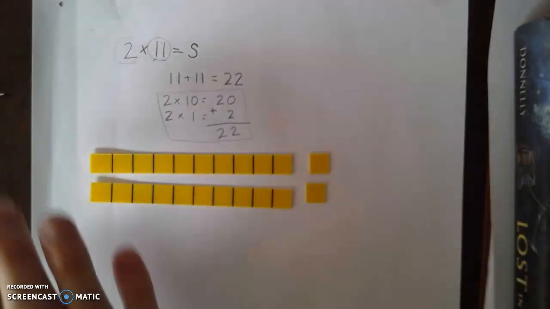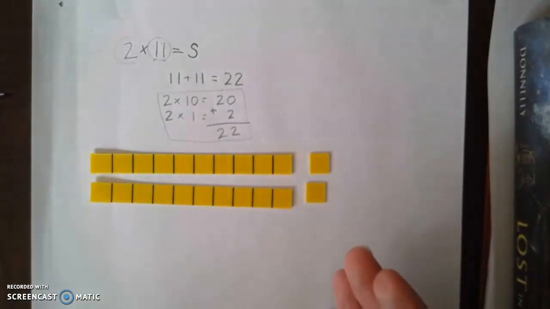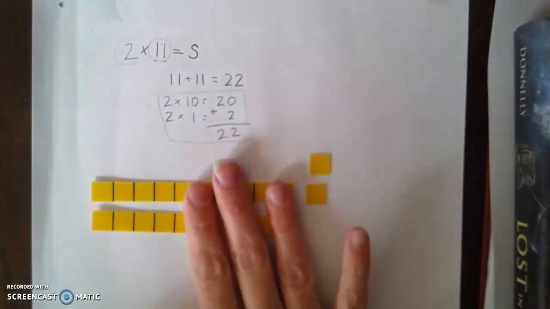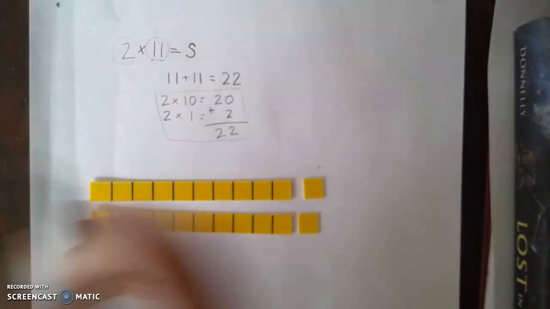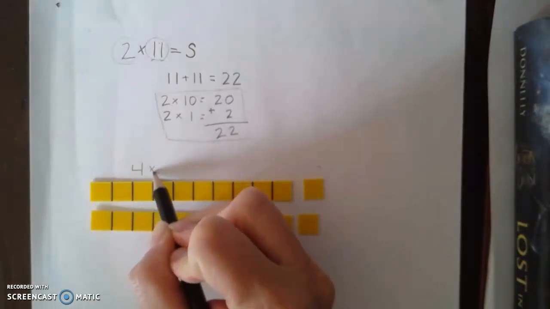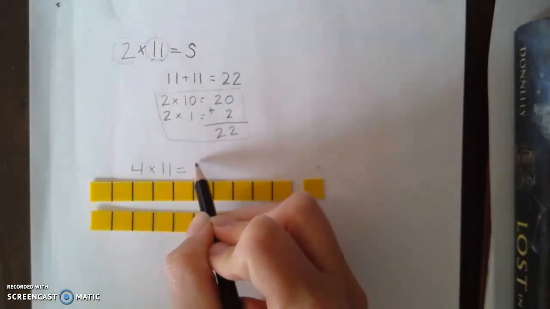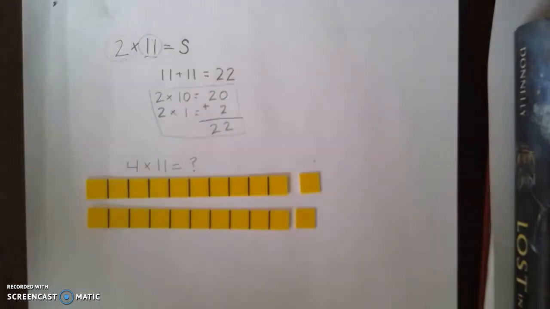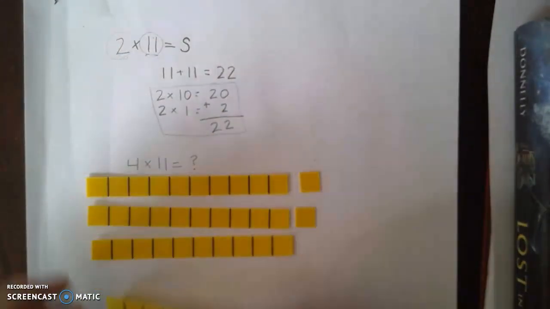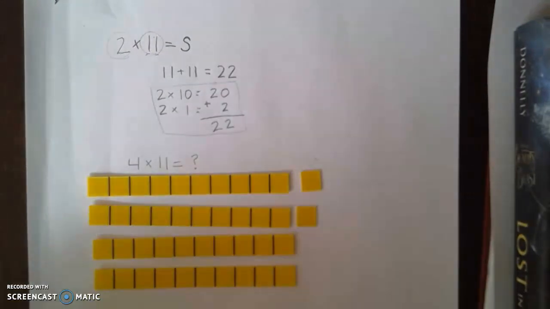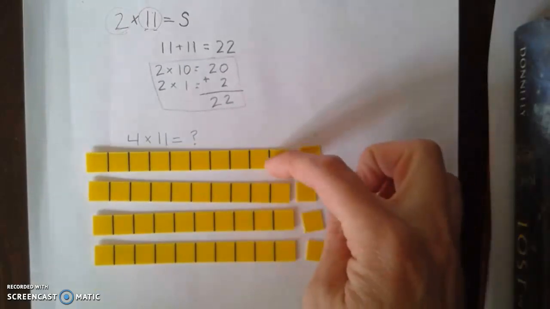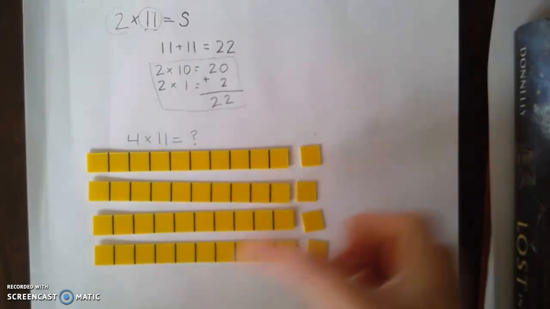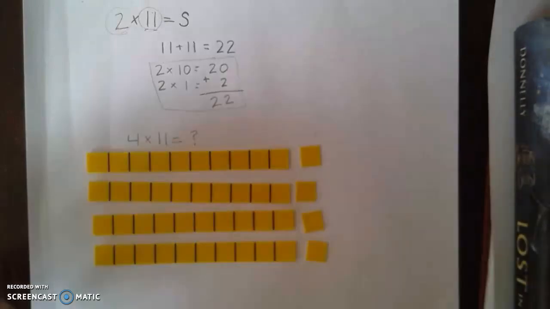So then I could give you a problem if we were to continue to do this. What about 4 times 11? I'm going to write a question mark this time. Okay. So I know I could double it from this problem, or I could just add 2 more sets of 11s and then count them up. 10, 20, 30, 40, 41, 42, 43, 44.